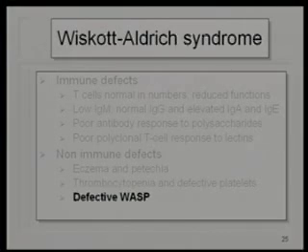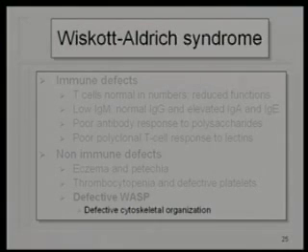So that's like chicken and egg, which came first. As a matter of fact, Wiskott-Aldrich syndrome as an immunological defect was described first, and then this protein was discovered later. And this protein is involved in cytoskeletal reorganization. And somehow that translates into immunological defects. Don't ask me how. Okay?